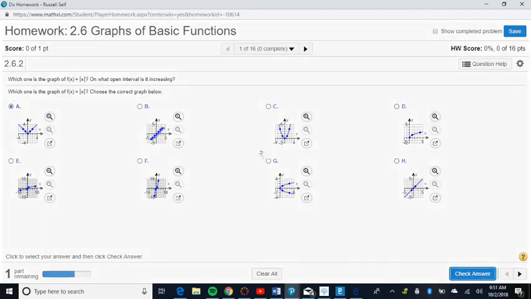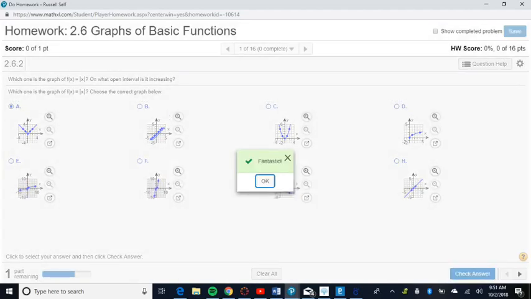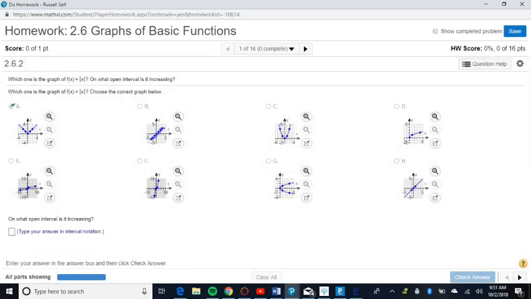Always remember to check your answers. Remember that you're going to get several chances every time you do that. And then they give you a separate part of this question. The second part is, on what open interval is it increasing? So increasing means going up. So look at your graph.